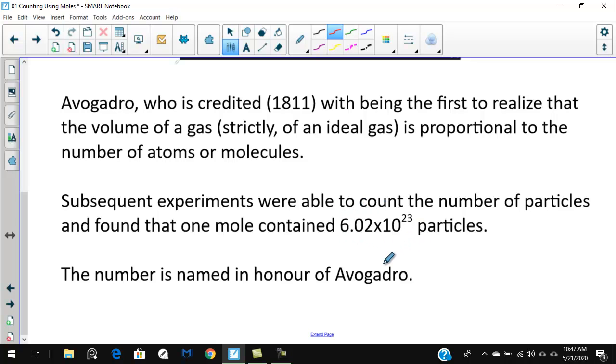And we just call it Avogadro's number in honor of him, as he was the person that started the work. This number has been recalculated over time. You'll probably be able to find it published to more precision, more decimals. But for our work, 6.02 is precise enough. And that's the number that we'll be using for Avogadro's number as we go ahead.